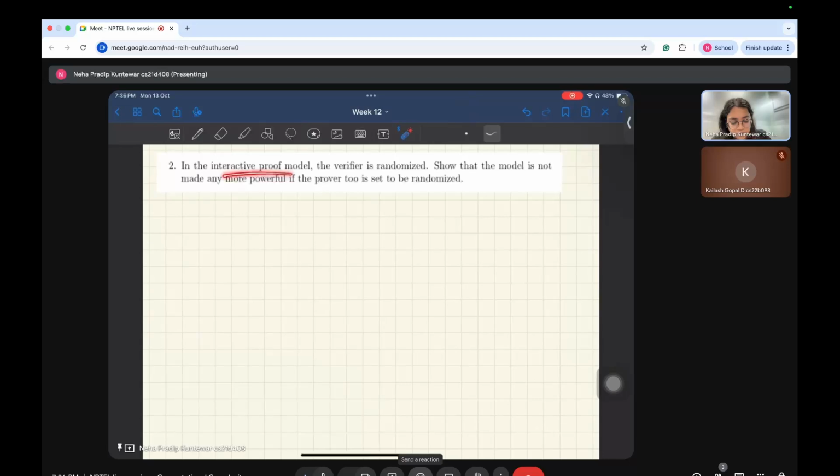So in the IP model, as we saw, the verifier was randomized. But we didn't make the prover randomized. The prover was still deterministic. So let's say the prover is also allowed to be randomized. So we have our verifier V and the prover P, and this was a randomized verifier.